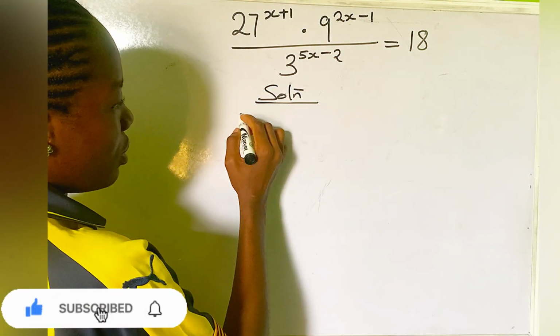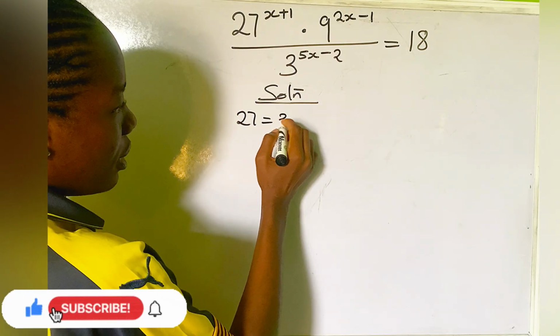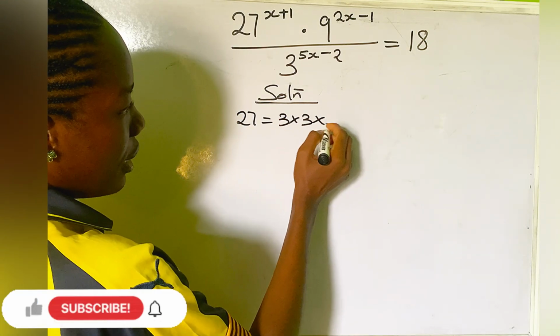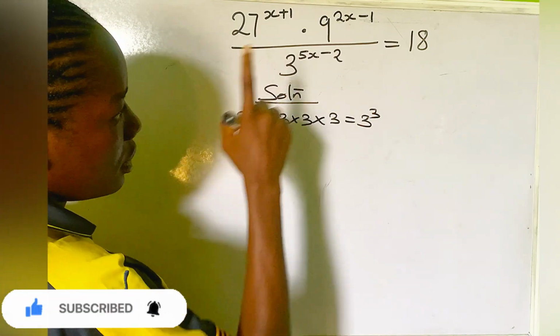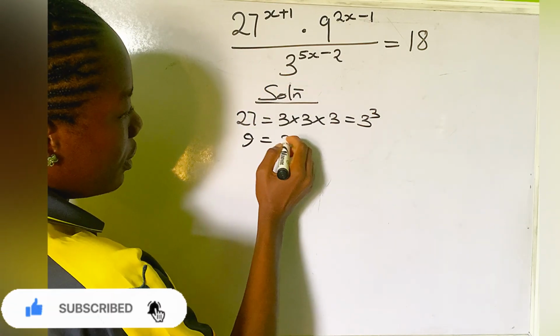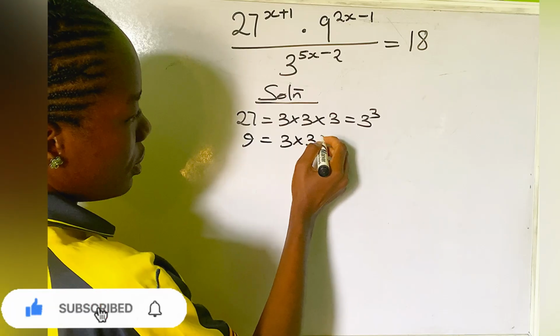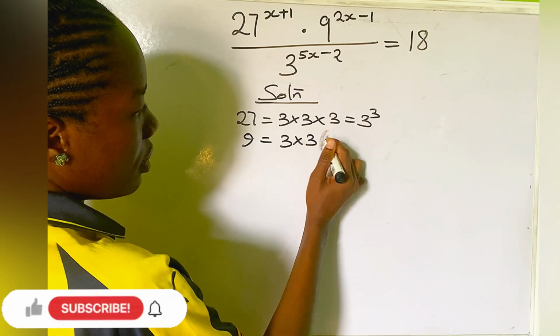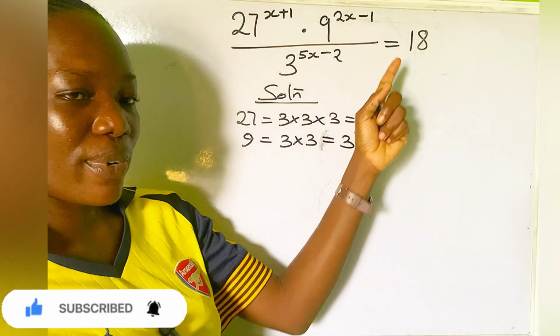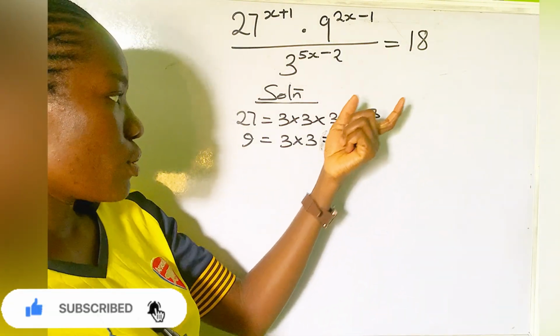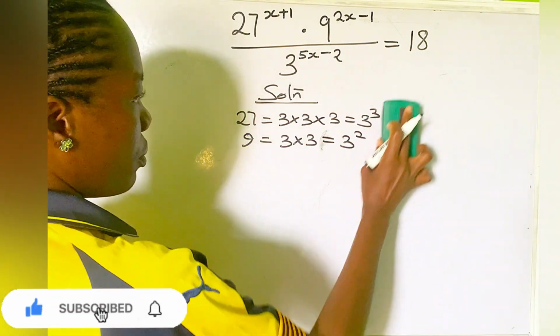So we can say 27 is what? 3 times 3 times 3, which is going to give us 3 cubed, right? Then for 9, we'll have 3 times 3, which is 3 squared. Now, we cannot directly express 18 as a base of 3, so we'll leave it at that for now, okay?